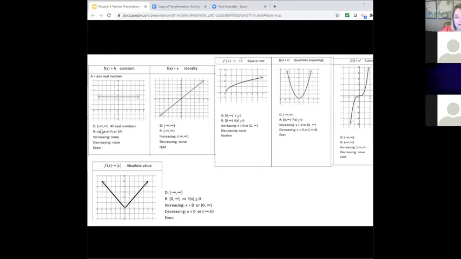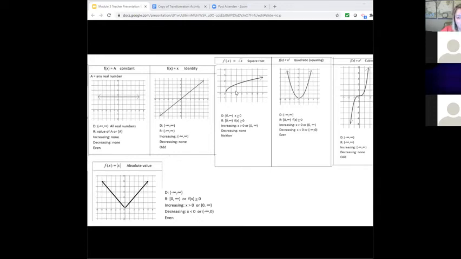The domain for any line is all real numbers, because any x value works. For the horizontal line, the range is just whatever that value is, so in this case, around 2.5. Whereas the range for the identity line is all real numbers because it's diagonal. It's all y values and all x values.